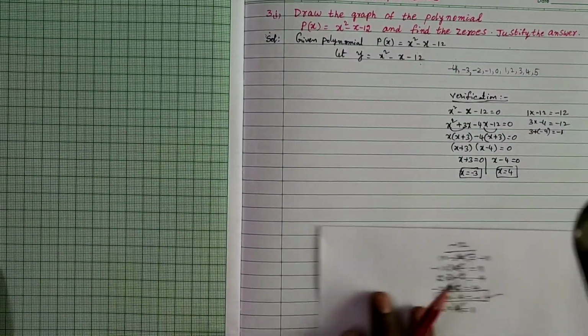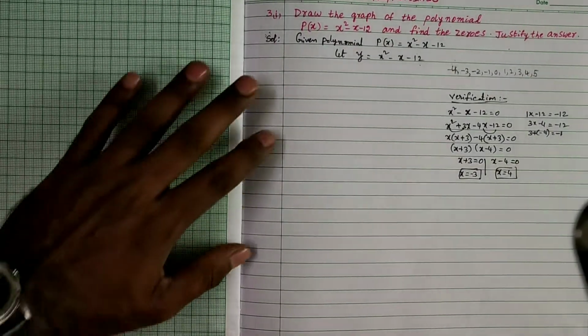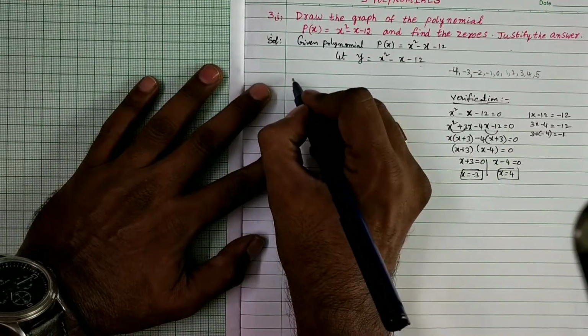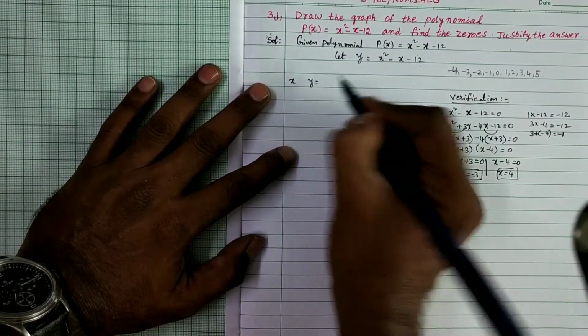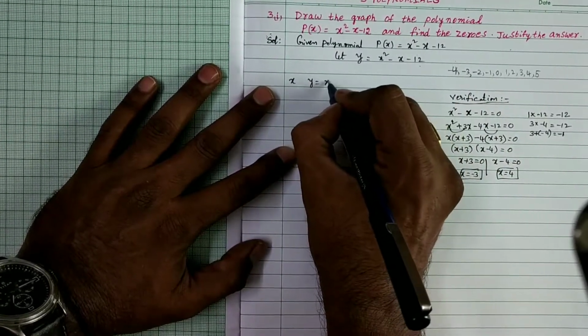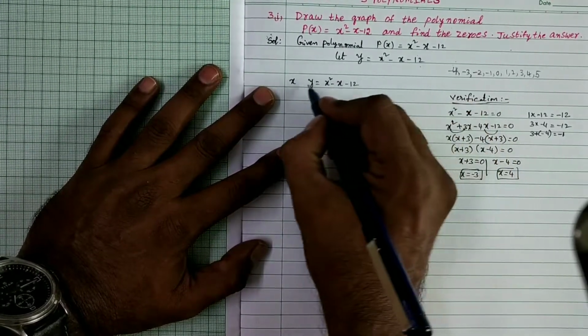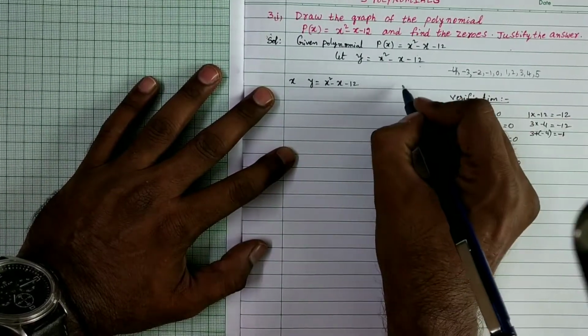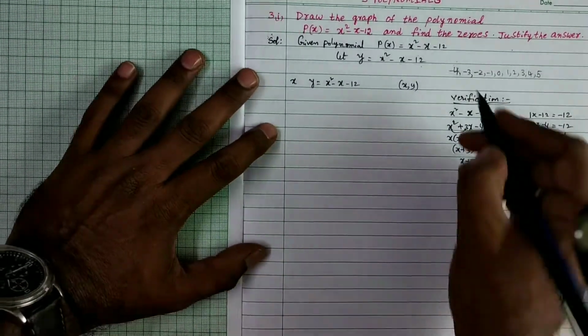So now take the order: first one is x, second one is y. y is equal to x square minus x minus 12, in tabular form, and next the ordered pair x comma y.